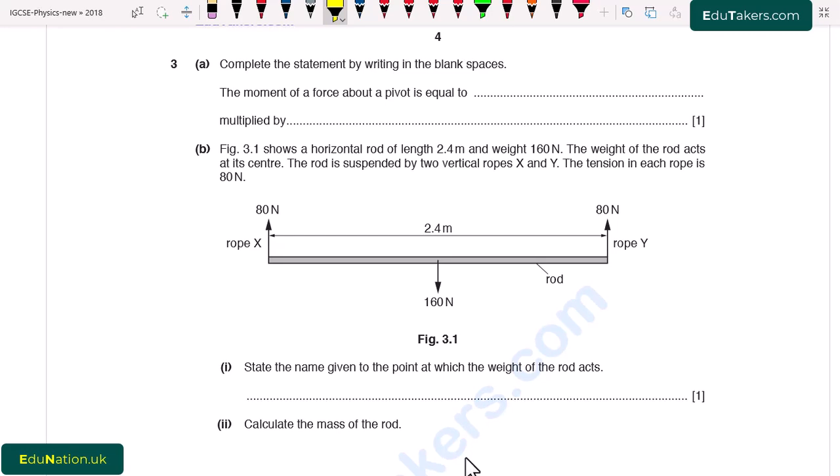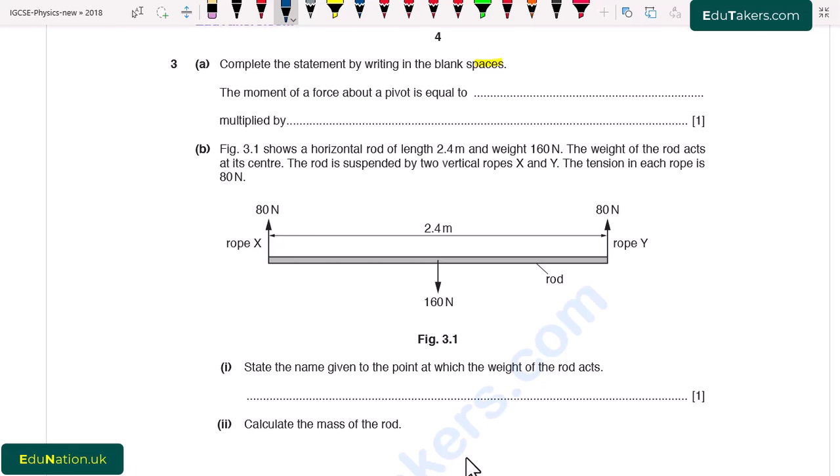Question number 3, part A. Complete the statement by writing in the blank spaces. The moment of force about a point is equal to dash multiplied by dash. So here we have to write the definition of moment of force. So moment of force is basically the product of force and perpendicular distance from the pivot point.